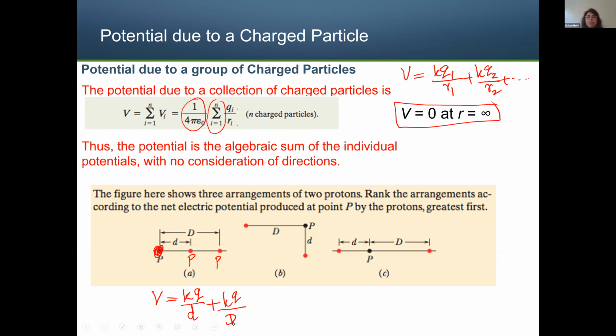If I do the same for B and C, do you see any difference? You don't see any difference because your two charges stay the same with respect to your point of interest: distance D and distance D, with the same charge. Then your formula will be the same for A, B, and C. So your answer is the same for all. Okay, that's the potential.